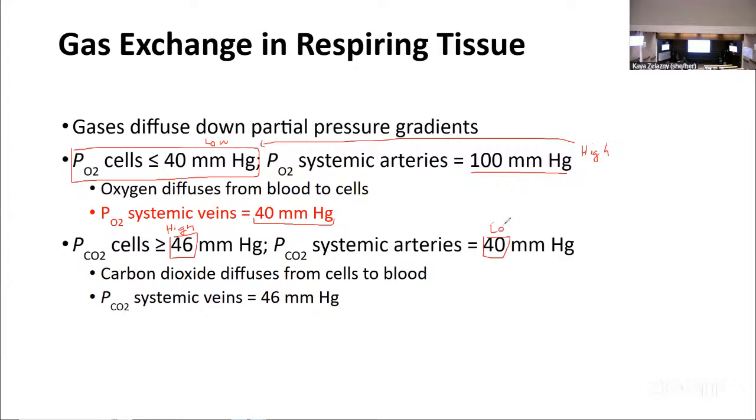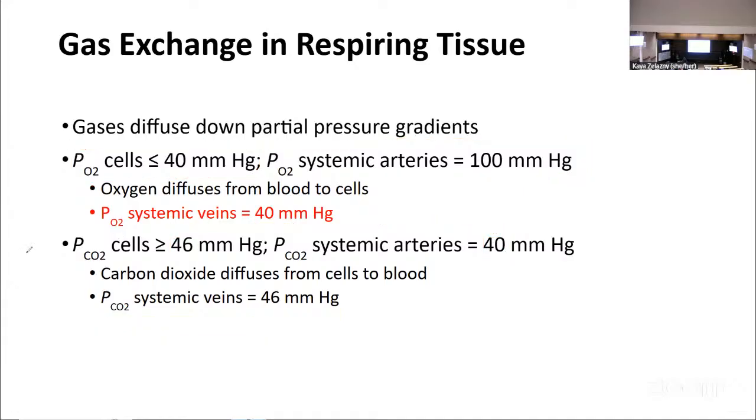So now we see our gas move the opposite direction when we're tracking carbon dioxide compared to oxygen. We're still just going down our partial pressure gradient though, high to low. This is how we have carbon dioxide moving from the cells that are producing it into the bloodstream until we come to equilibrium and then send that blood back to the heart to match that partial pressure of carbon dioxide in the cells here.